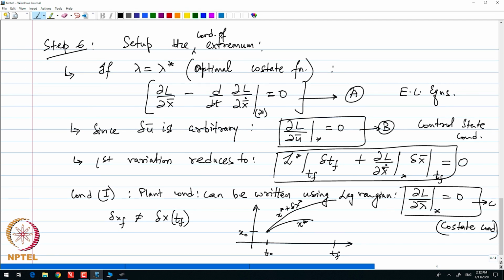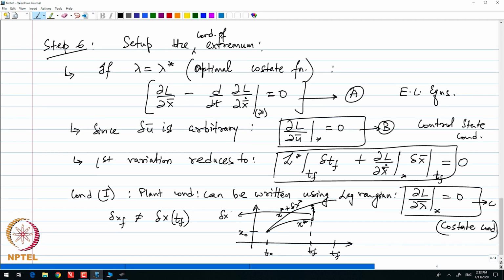Okay, so what we have is the following. If this is my time point T f, then this gap between the optimal curve and the perturbed curve is going to denote the variation in my state variable at time point T f.